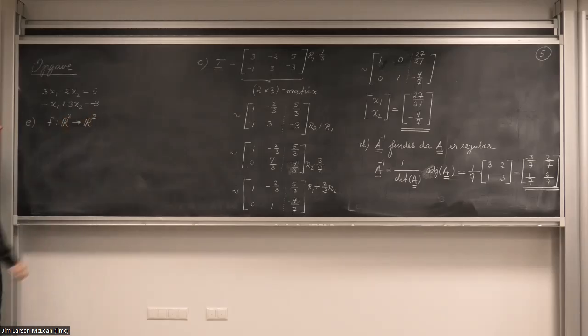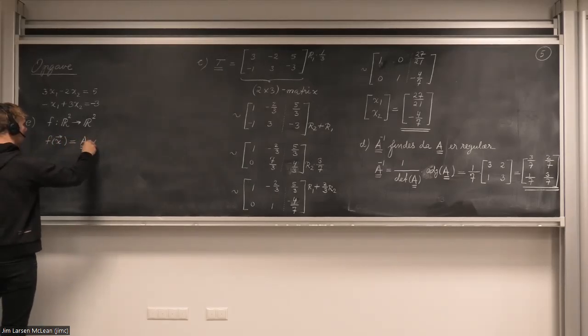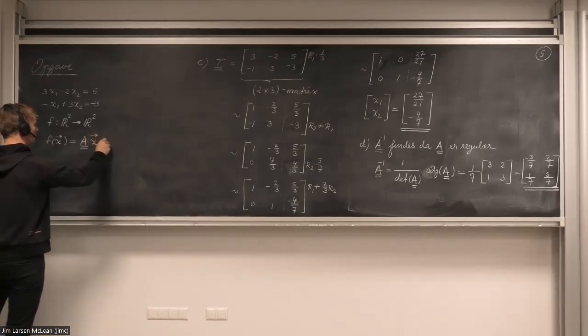Because we have two equations with two unknowns, and the determinant is different from 0, we map from R2 into R2. Our function f takes the x vector as input by multiplying the mapping matrix with the input vector x, resulting in y.